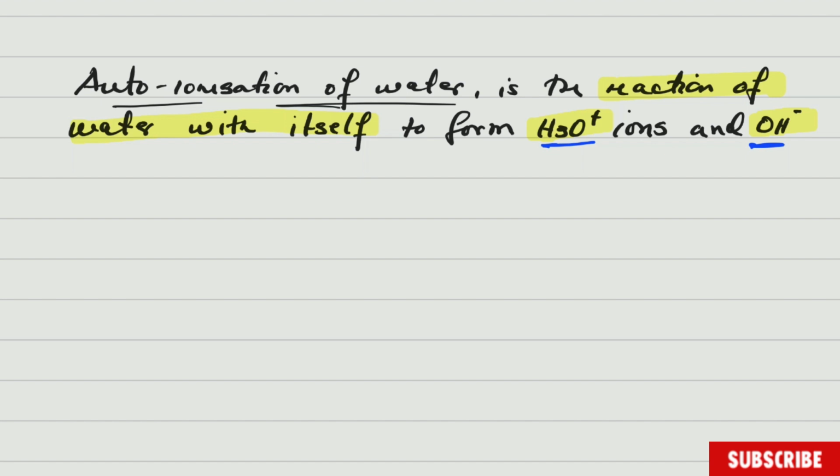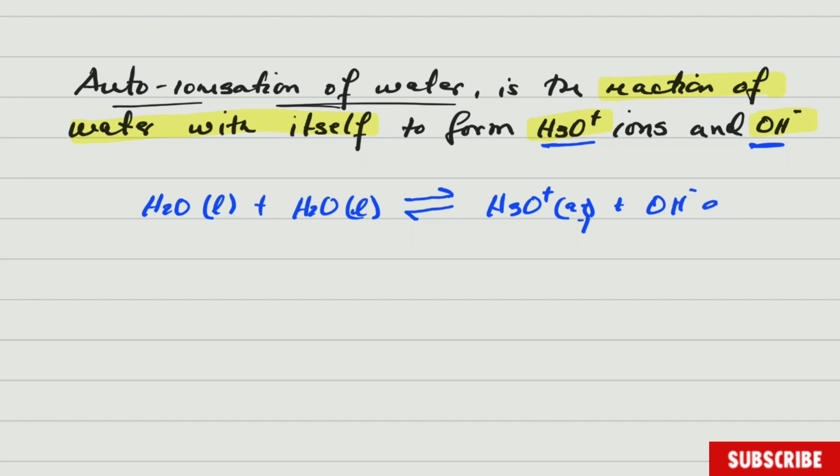So what is going to happen here is that water will react with water, and this one will ionize equally. It's going to ionize to form H3O+ aqueous, because they are ions in solution in water, plus OH- also aqueous. This is what we call the autoionization of water.